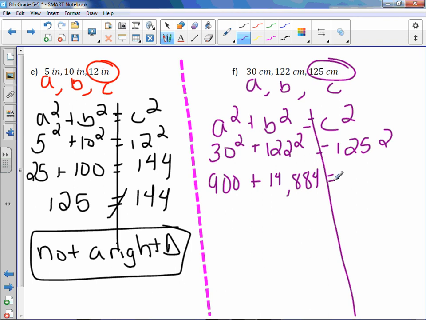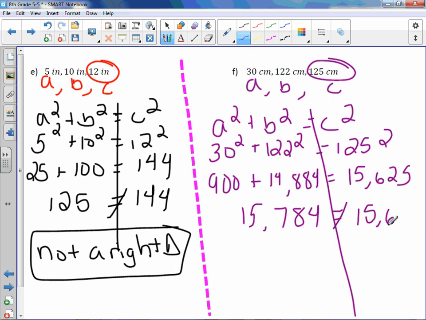And 125 squared is 15,625. Add the two numbers on the left, and we get 15,784, which does not equal 15,625. Therefore, this is not a right triangle.